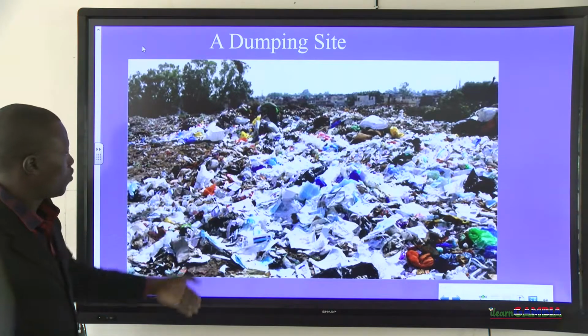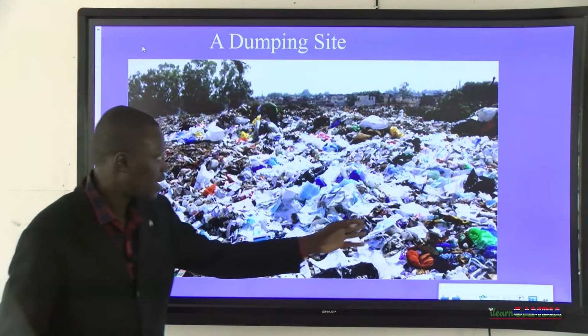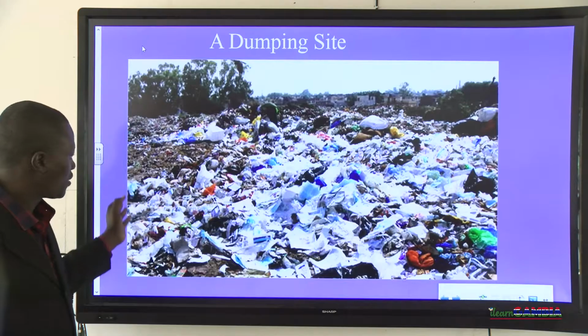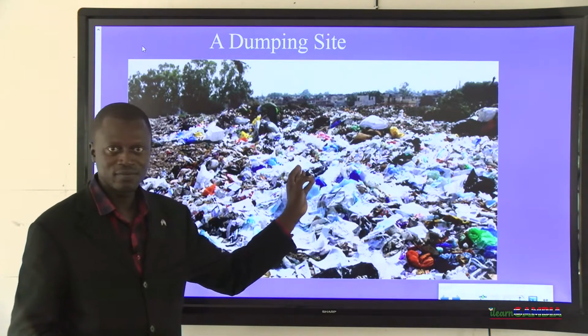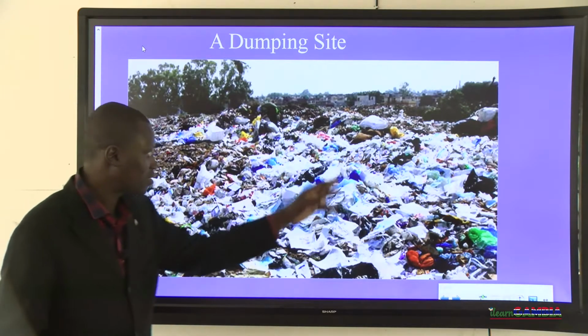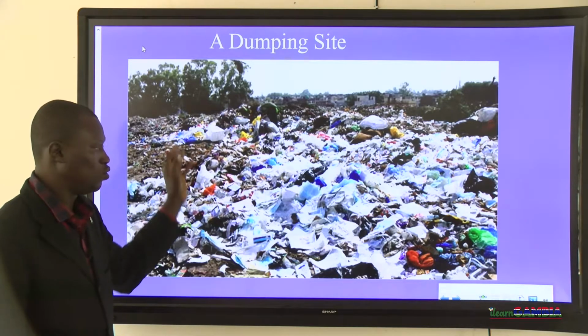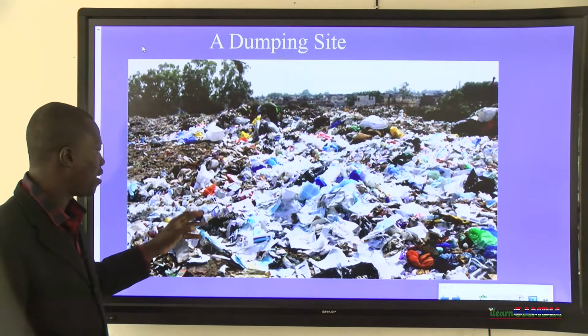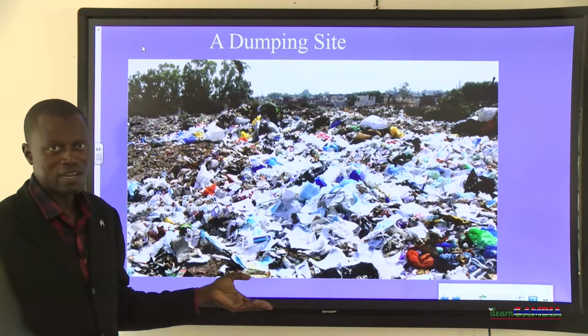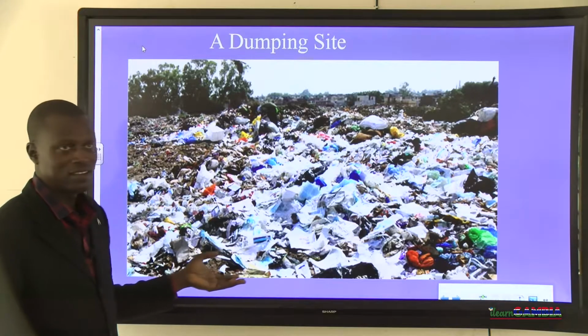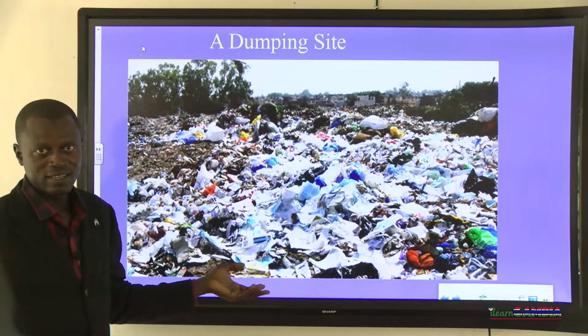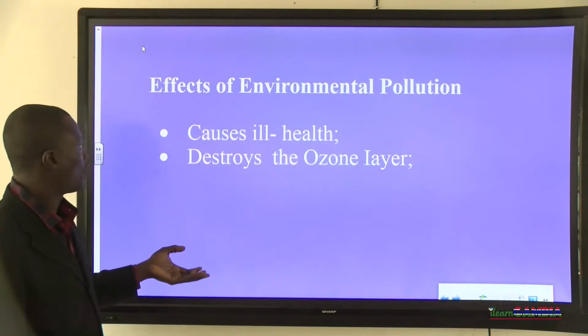Now, once again, this is the dumping site where you can see different classes of waste, and some of this waste can even be used in other ways that will be environmentally friendly, like the reusing aspect, the recycling aspect, and so on.